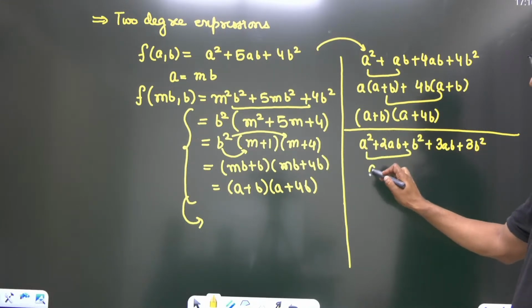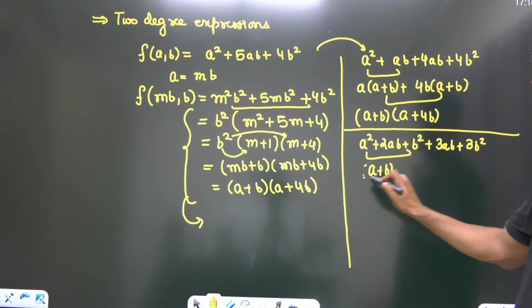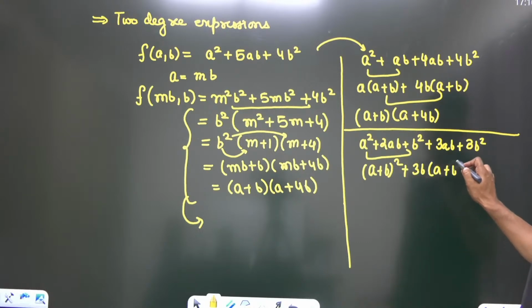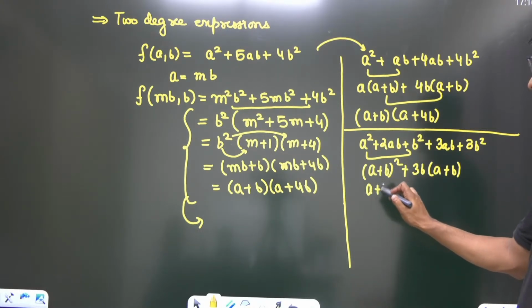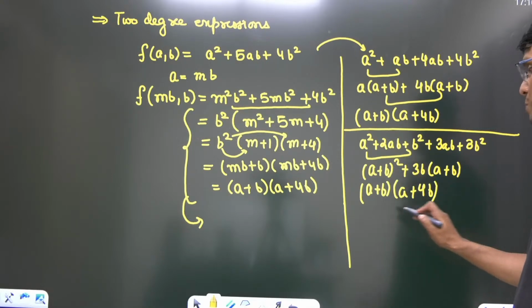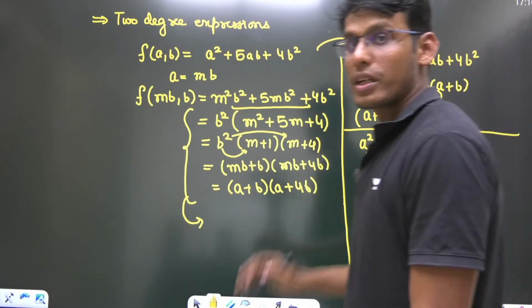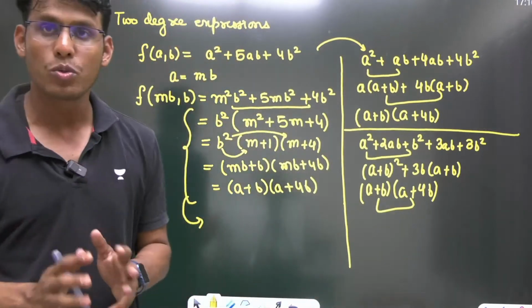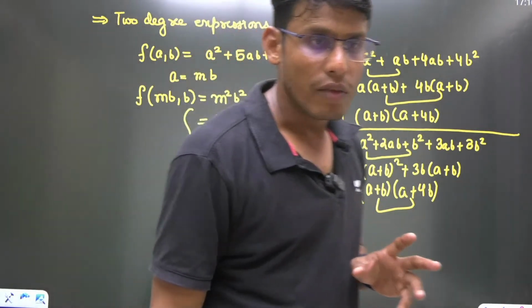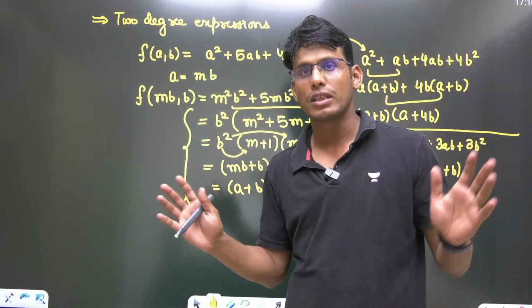This is a plus b whole square because he remembers all the identities. This is 3b times a plus b. So this becomes a plus b times a plus 4b. But you need to understand this is particular to this method. We should refrain from using those methods which are particular to a particular problem. We should always try to see general methods.